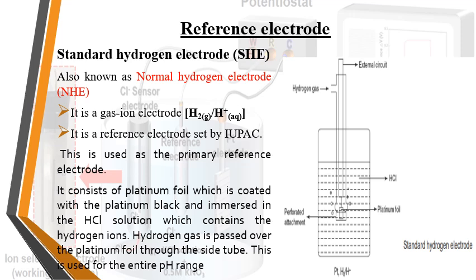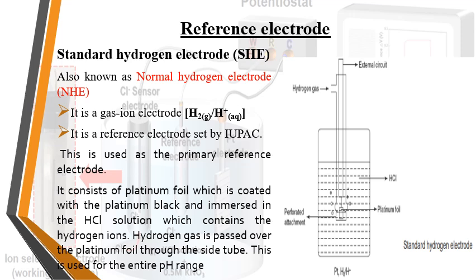It consists of platinum foil, which is coated with platinum black and immersed in the hydrochloric acid solution. As you can see in the diagram, it is immersed in the HCl solution, which contains hydrogen ions. Now, hydrogen gas is passed over the platinum foil through the side tube.